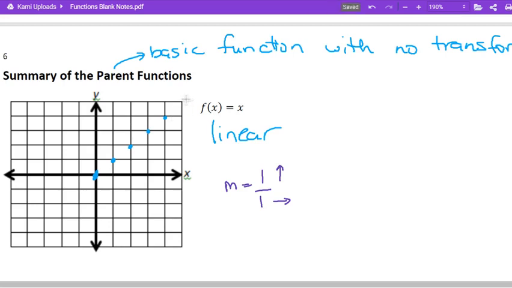So when we are drawing this function, it's basically at a 45-degree angle. And there are two arrows. And when we draw a function, we must label it, meaning we write its name next to it. So we write f of x equals x.